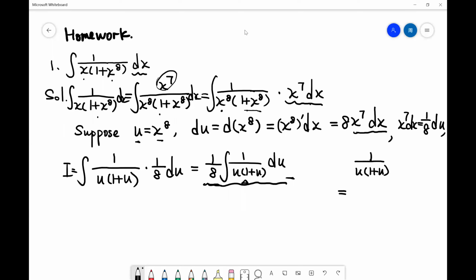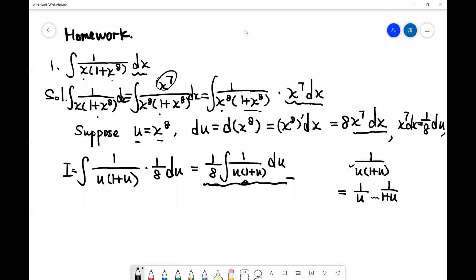The first part is 1 by u, and the second part should be 1 by 1 plus u, right? Here we want to know the plus or minus sign between these two functions, and whether they are equivalent. This is a way we usually use to separate a function like this.